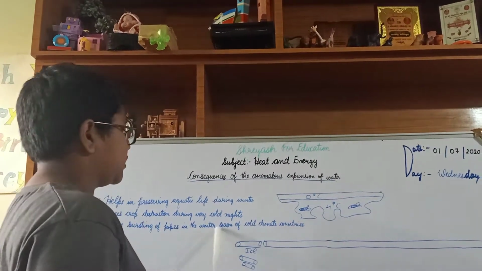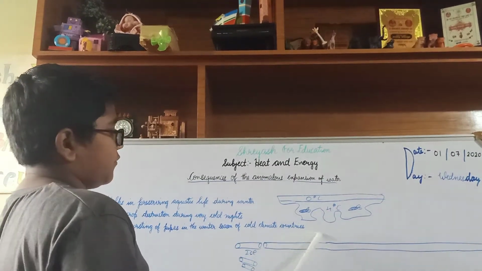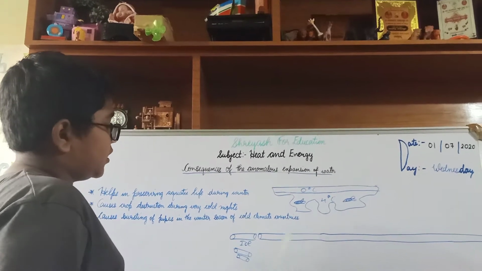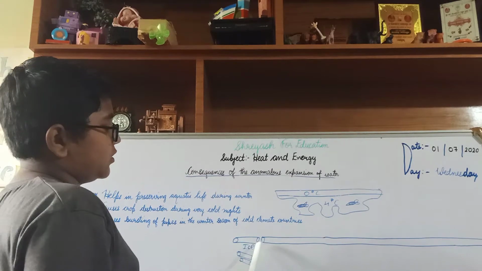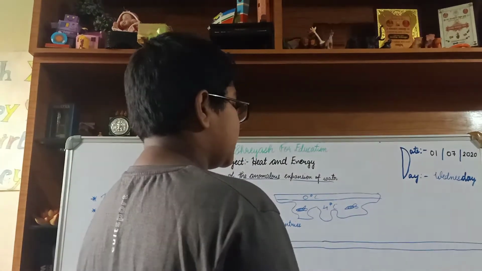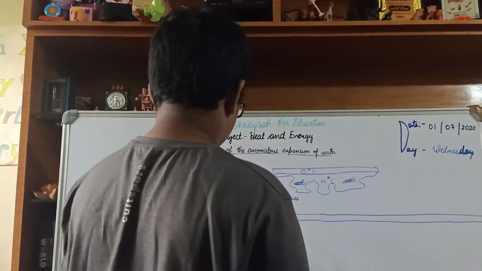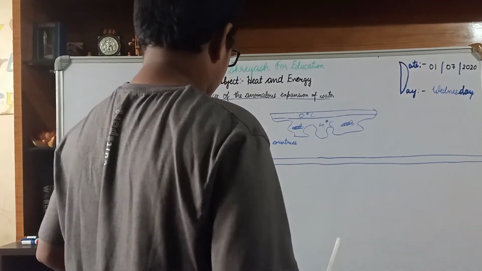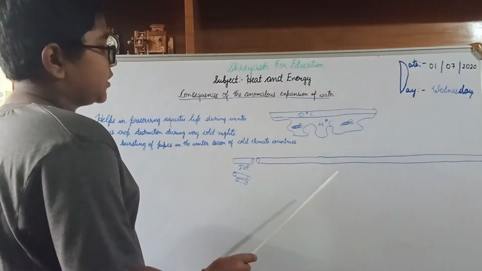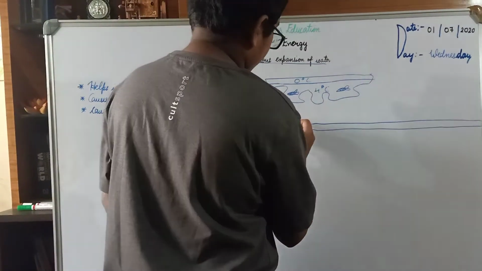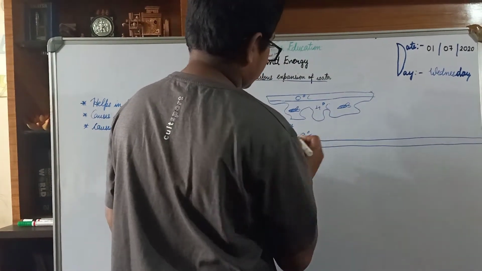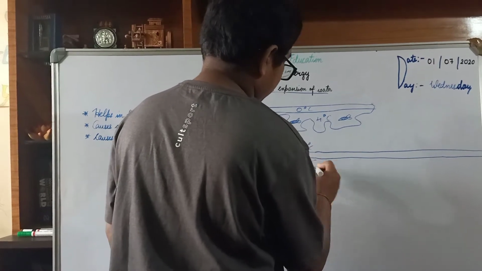Next, it causes bursting of pipes in the winter season of cold climate countries. Here you can see these are ice cubes, and this is a pipe. Imagine if this is a closed pipe, and you have a temperature like minus 18 degrees Celsius, or even minus 4 degrees Celsius.